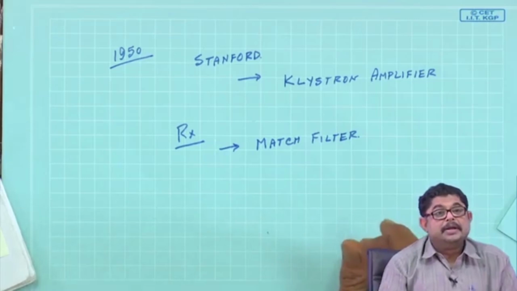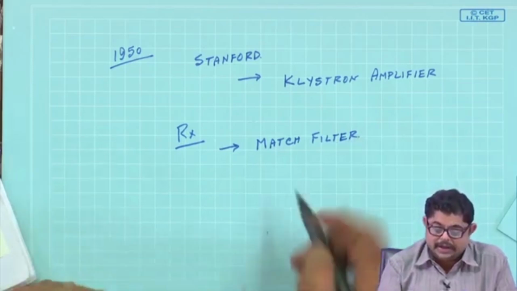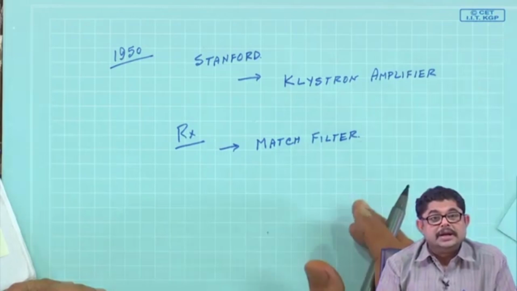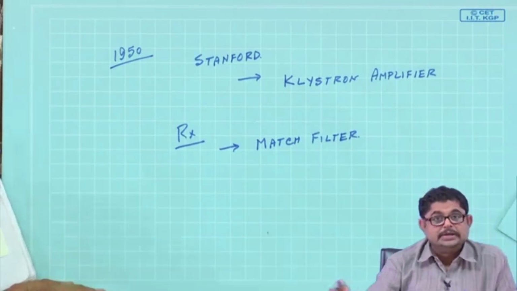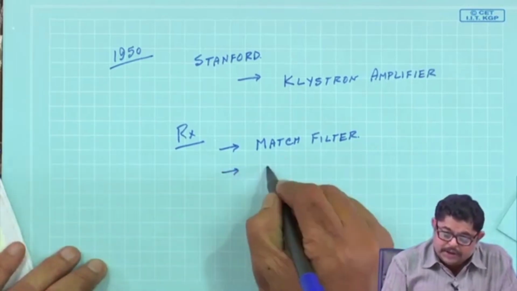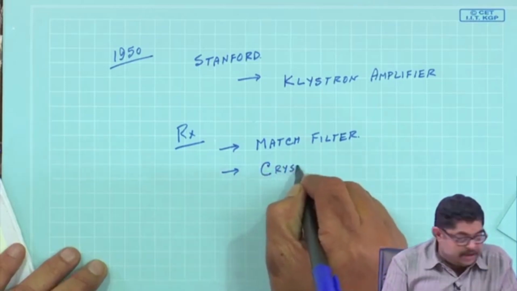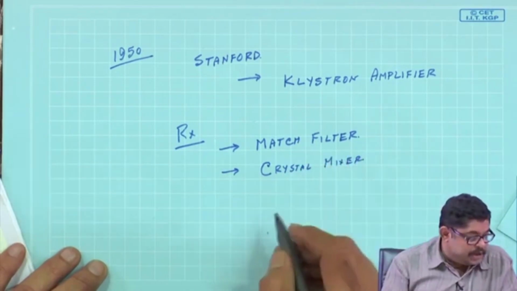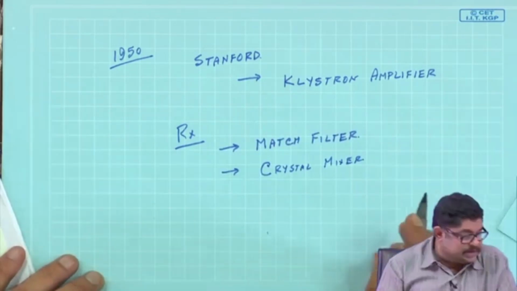For radar people it was a life and death problem, how to detect a very low SNR signal. So they found that the matched filter is the best possible filter for detection at a given very low SNR. We will see matched filter concepts later. So, this was one important thing. Then on the receiver side there was the crystal mixer, then also low noise amplifiers and so on.